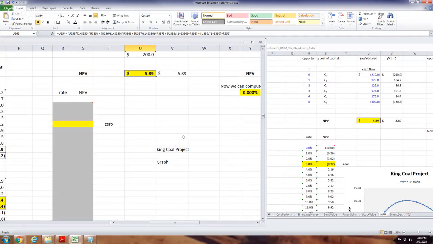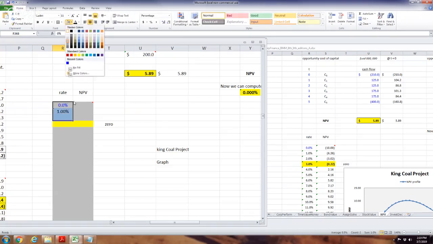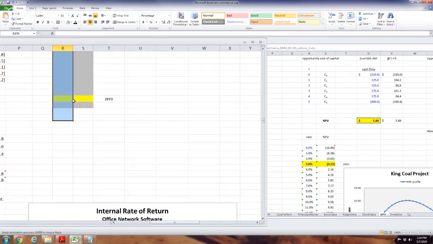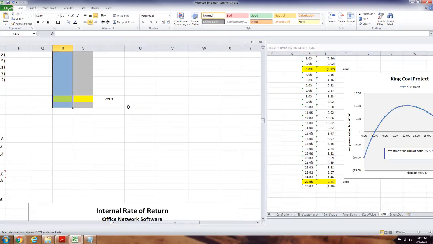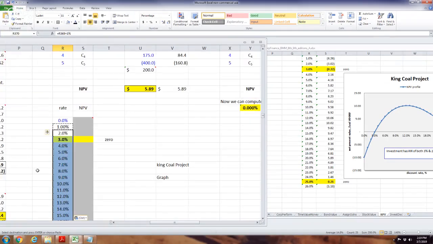Okay, and now what you're going to do next. You're starting at 0%, and we're going to go this thing plus 1%, all the way to 10. Copy all the way down. Alt HDF.